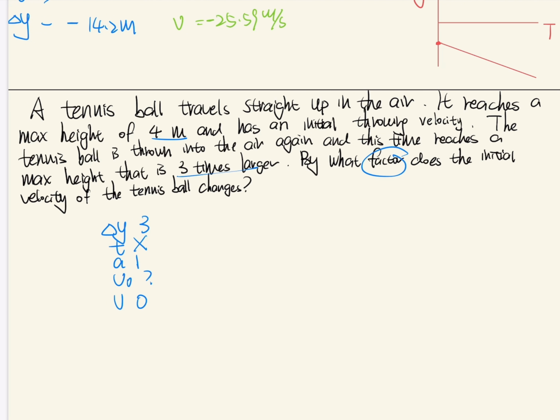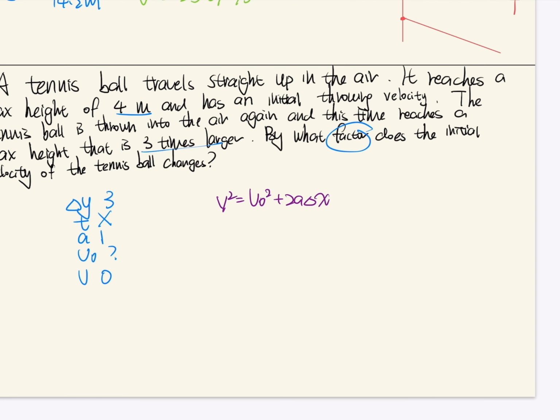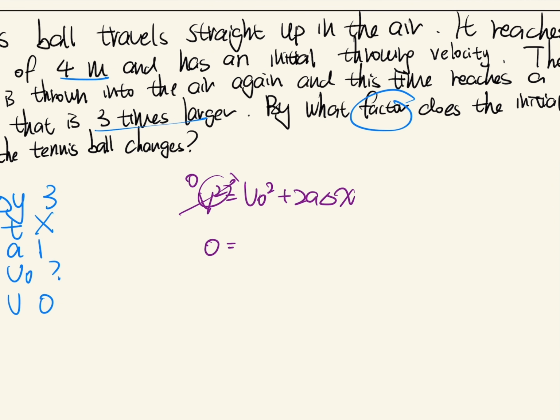So we gather all the information, and we can see there's no time. So we use the third equation again. And we can just cross off this term because it's 0. And now we get 0 equals the initial velocity squared plus 2a delta x.